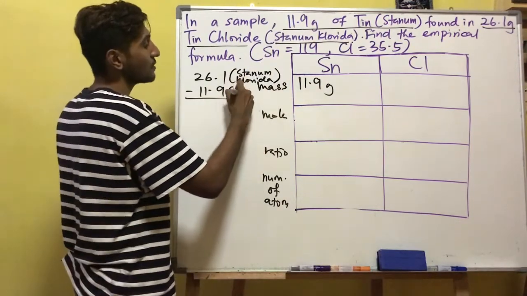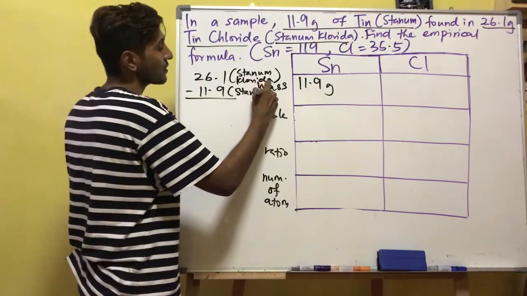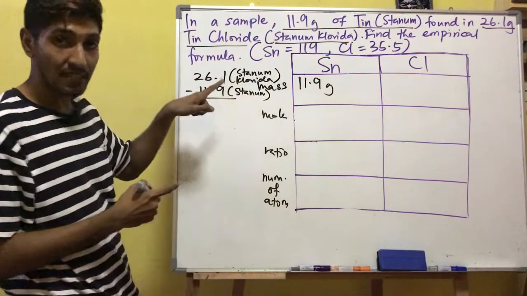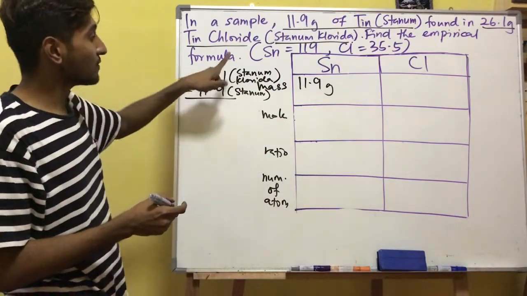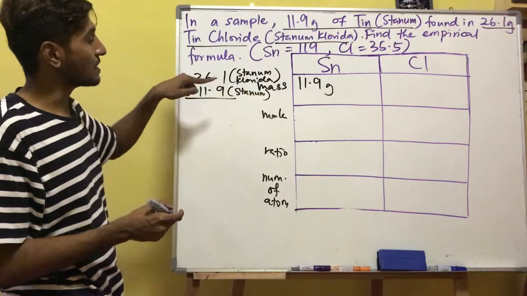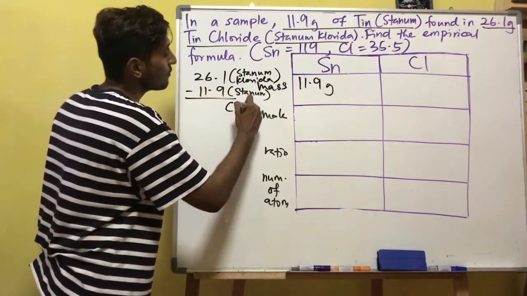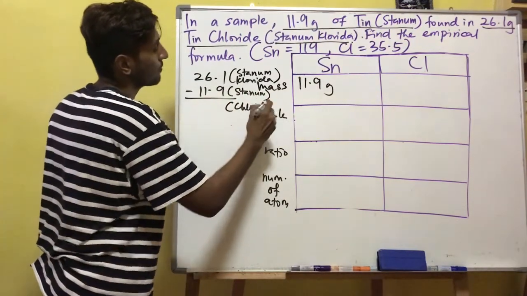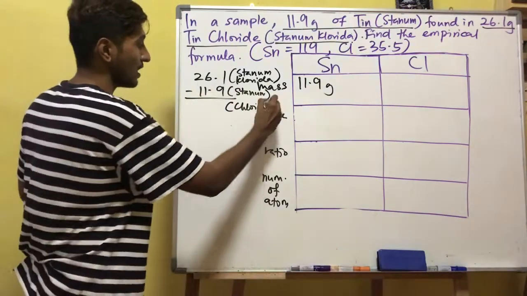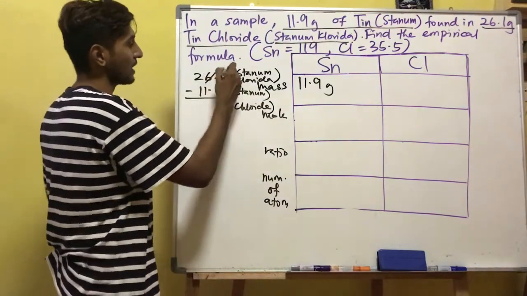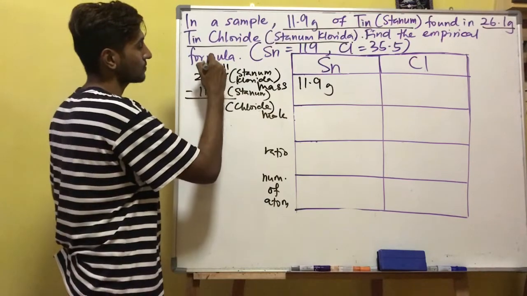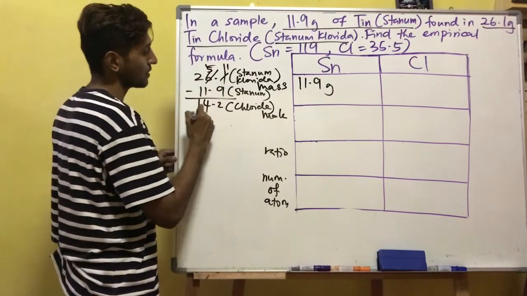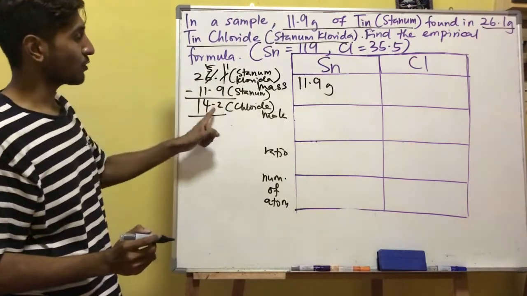We minus it with the mass of stannum. So kita akan tolak jisim tin. So the mass of tin chloride, we minus it with the mass of tin to get the mass of chloride. Ataupun kita nak cari jisim klorida. So berapa? Kita akan dapat 2, 4, 1. So kita akan dapat 14.2 gram.